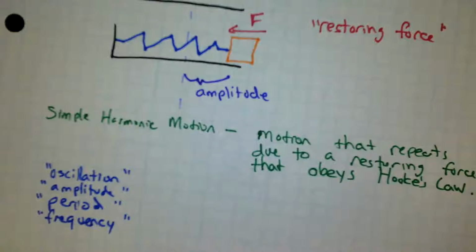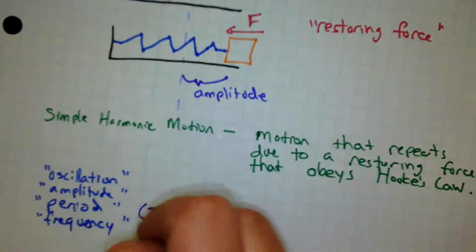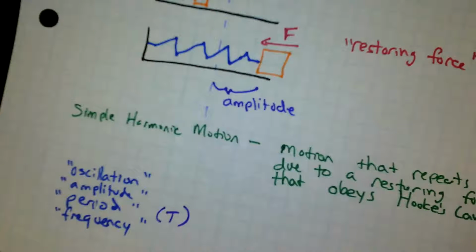You might remember the symbol we used for it? It's capital T. The reason is because period is just a time, but it's a special time. In a circle, the period was the time it took to complete the circle. In simple harmonic motion, the period is the time it takes to complete an oscillation.